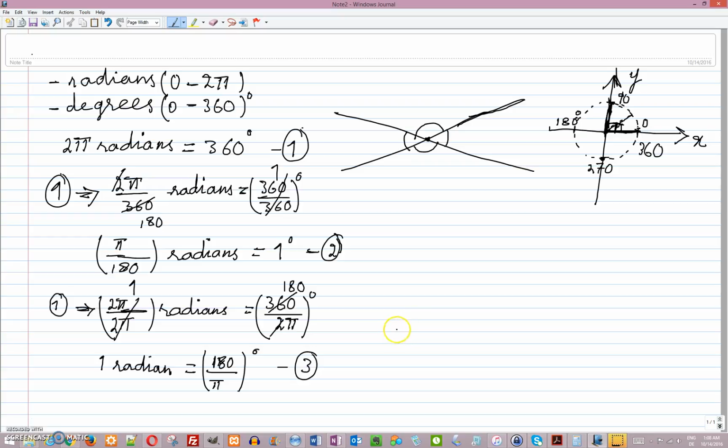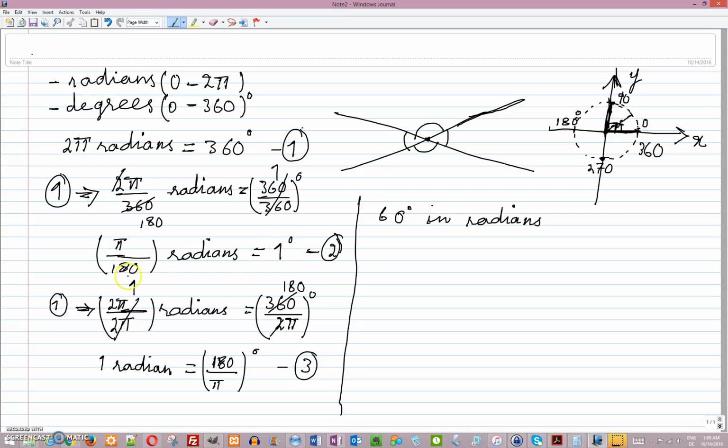Now we can do an example here. For example, you want to find what 60 degrees is in radians. You can use equation number 2.